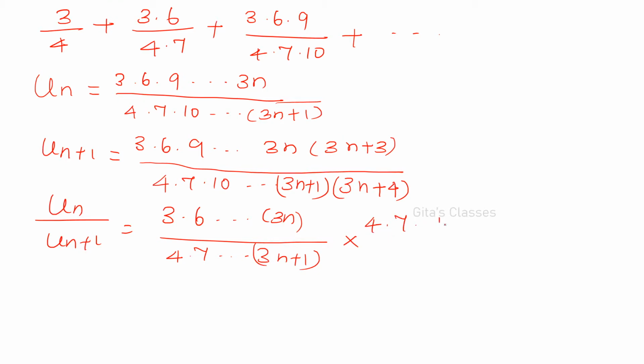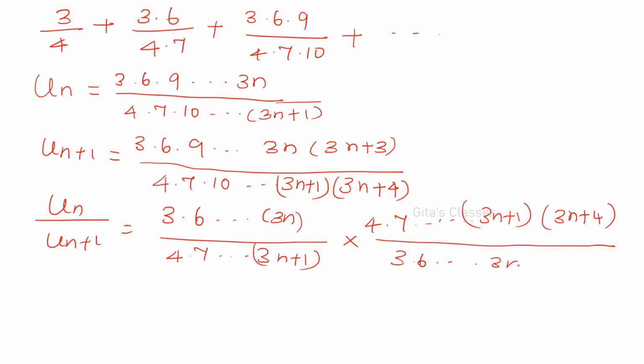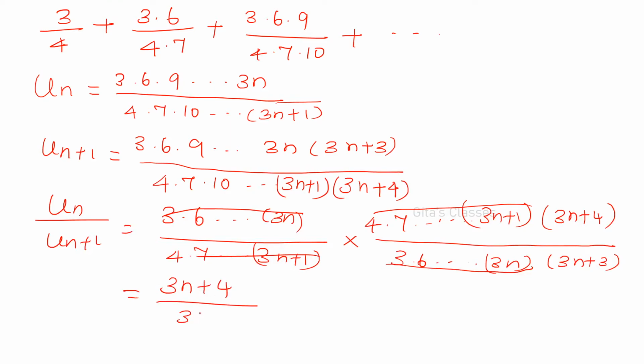So 4 into 7 into etc. 3n plus 1 into 3n plus 4 divided by 3 into 6 into 9 into etc. 3n into 3n plus 3. See, it looks very big, but it will get cancelled. So up to here, all the terms will get cancelled. So what do you get? 3n plus 4 divided by 3n plus 3.